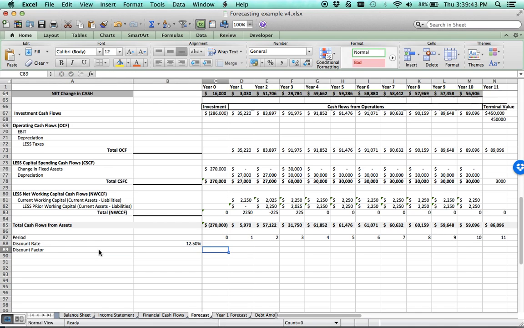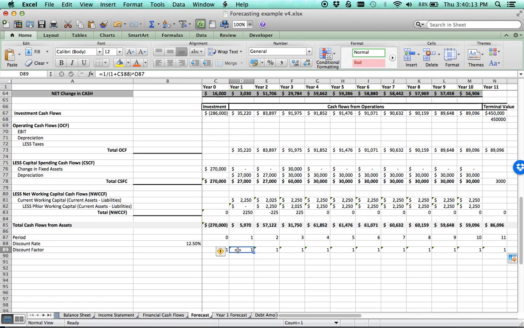We'll calculate the discount factor, and let's just call that equal to 1 divided by 1 plus the discount rate, and it'll be important for me to put the dollar signs here because I want to drag the formulas, raised to the power of however many periods out it is. Since this is period 0, the discount factor is 1, meaning we're not doing any discounting then.